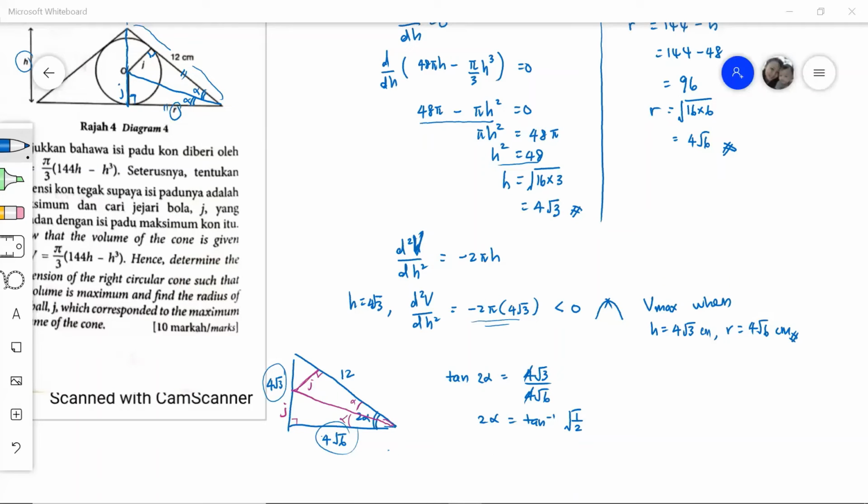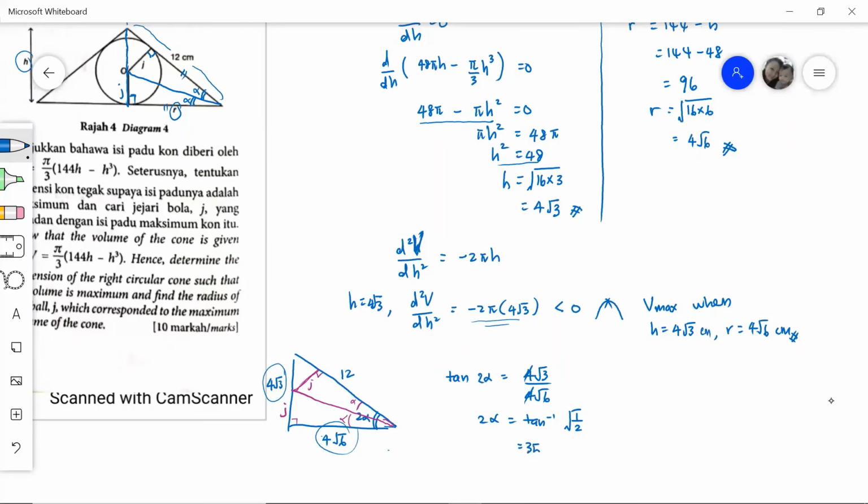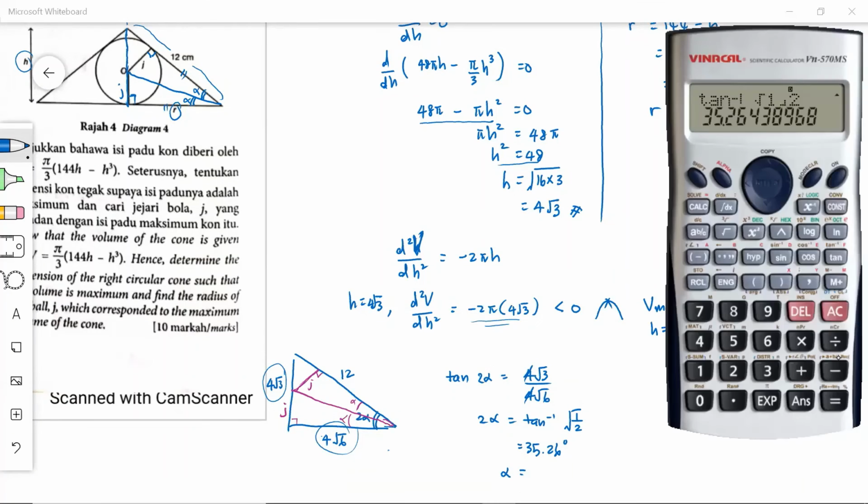To find the value of 2 alpha, we need a calculator. Shift tangent to call out the function of arctangent of 1 over root 2. We have 35.26 degrees. To find alpha, that will be half of that, so we take this divided by 2. We have 17.63 degrees.